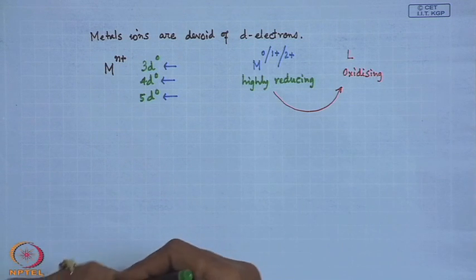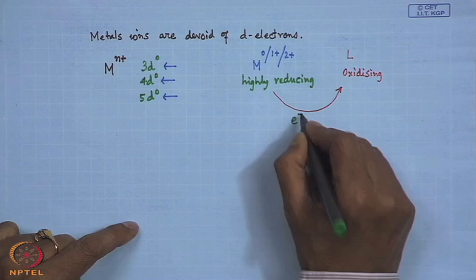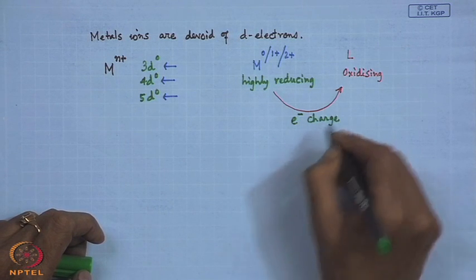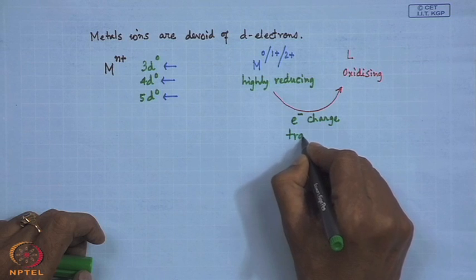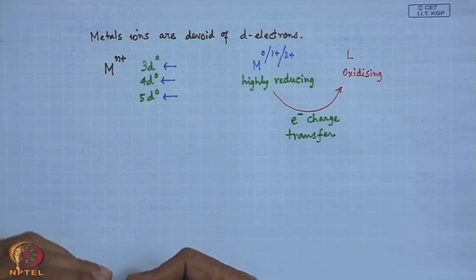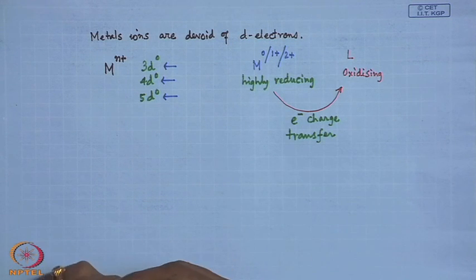Here the transfer of charge is nothing but electronic charge transfer, which can take place in the opposite direction, from the metal to the ligand.